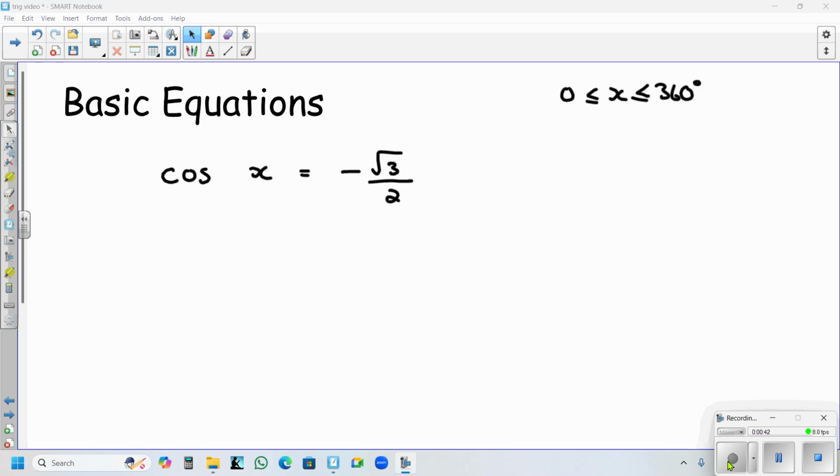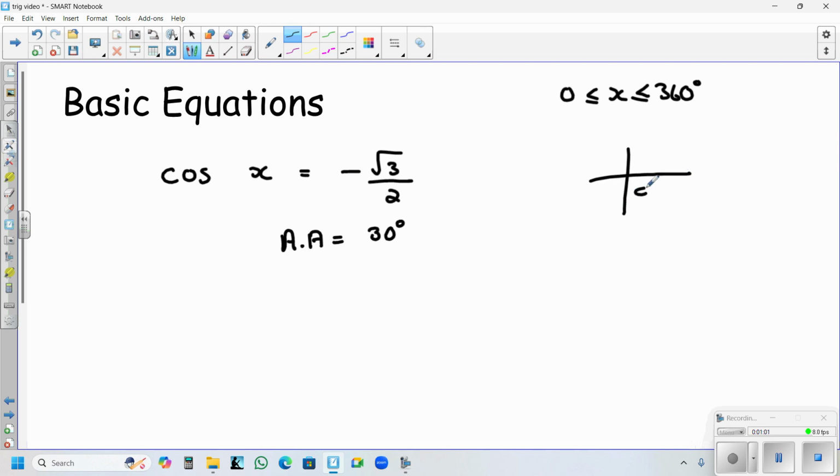Okay, first type, this is like the ones that you do in National 5. So the first thing you do is you do your acute angle. Now I know that minus root 3 over 2 is an exact value. So the exact value for that one is 30 degrees. Now it's negative, so if we think about our CAST diagram, we're looking for cos to be negative. Cos is positive in there and in there, so it must be negative in quadrant 2 and quadrant 3.